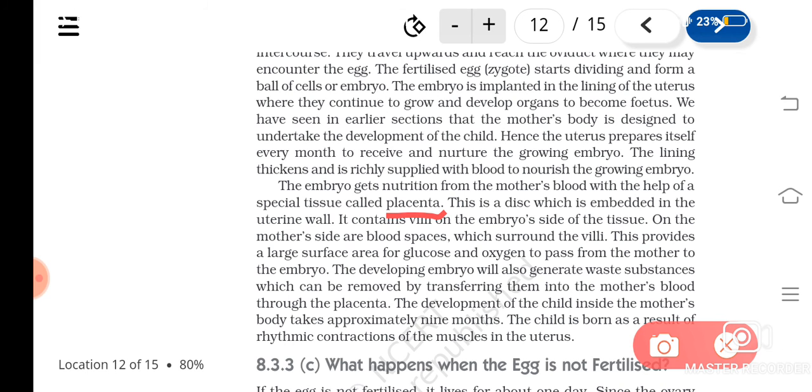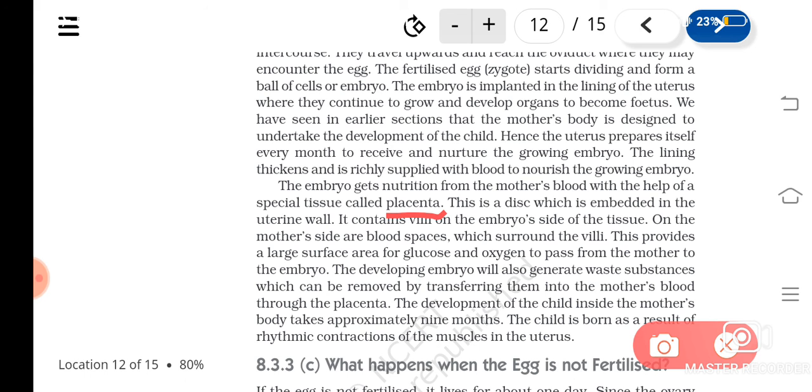Understood? So like this, placenta helps in the exchange of material. It gives nourishment. It helps in the removal of carbon dioxide, and also the nitrogenous waste materials if they are there. Understood?